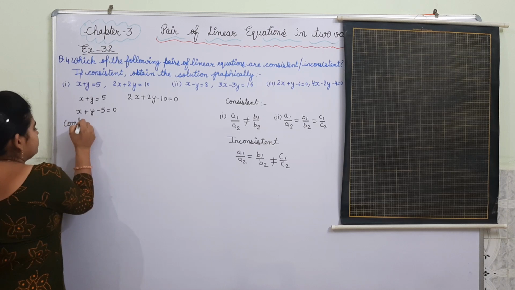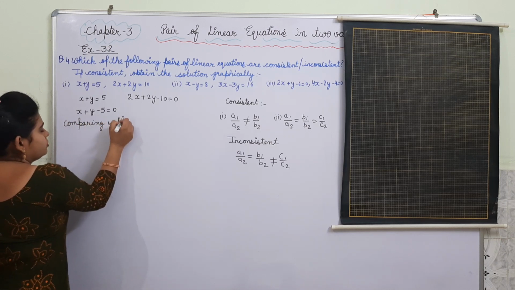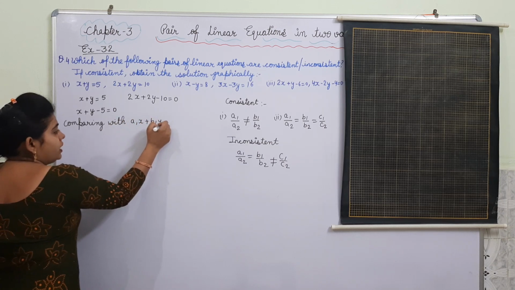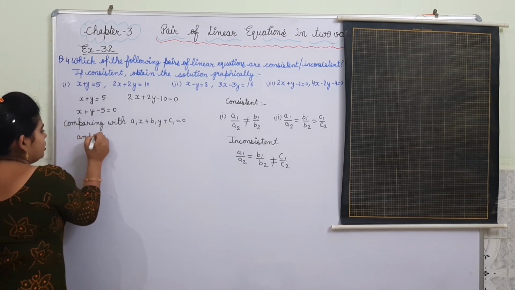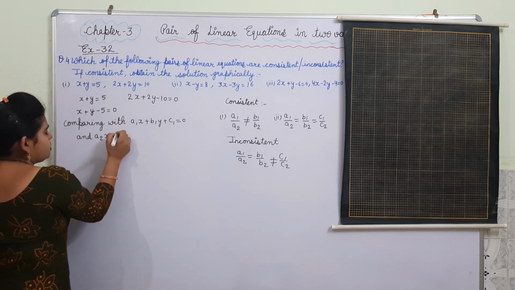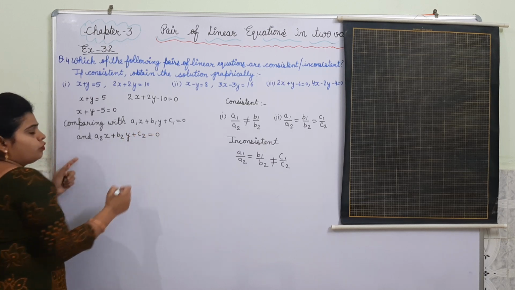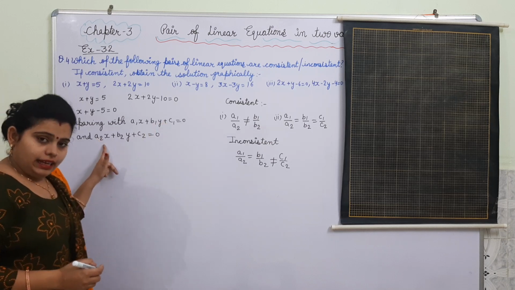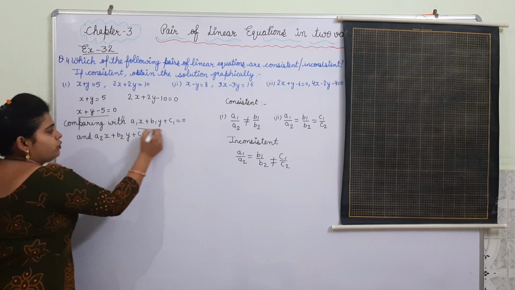Comparing with a1x plus b1y plus c1 is equal to 0 and a2x plus b2y plus c2 is equal to 0, from here we can find the values of a1, b1, c1 and a2, b2, c2. We will compare the first equation with that.